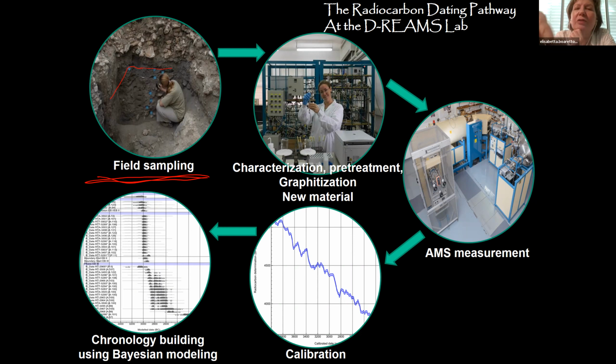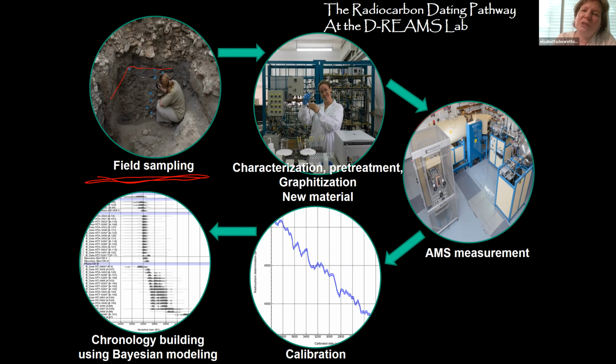In the laboratory, it's not just applying a recipe, but each sample has its history, its nature and state of preservation. So attention to how the samples behave is necessary in order to assure the accuracy of the data, because 1 milligram of carbon is easy to find for dating, but if this carbon is not from the original material and has not been tested for that, then the date has no meaning.